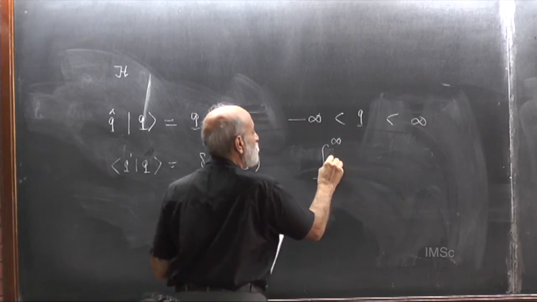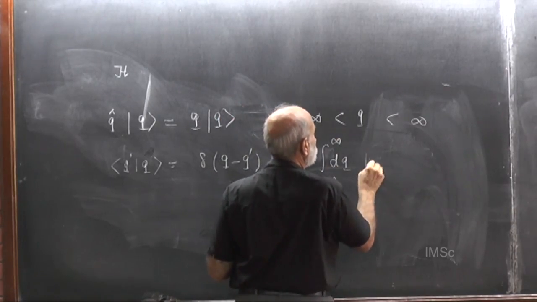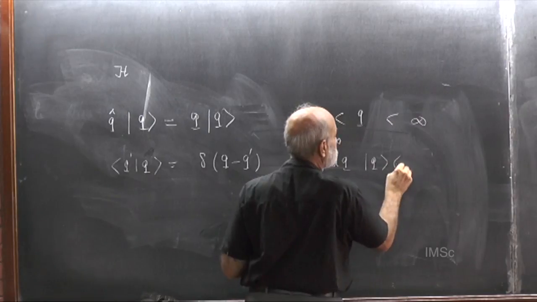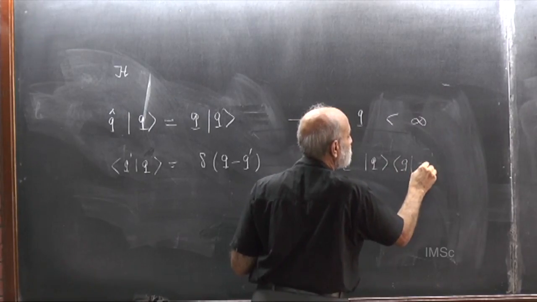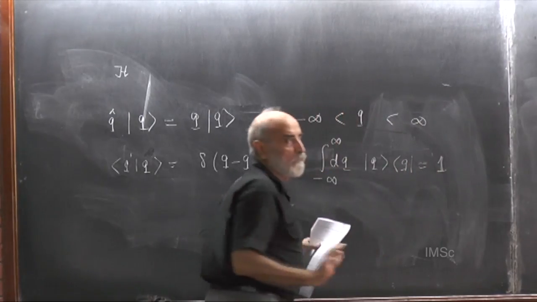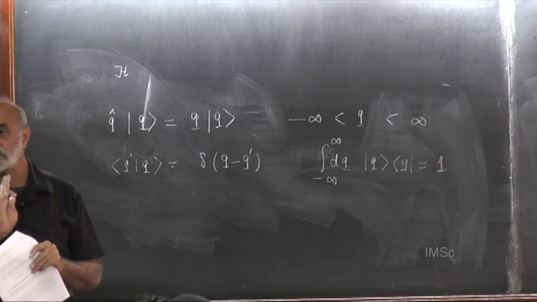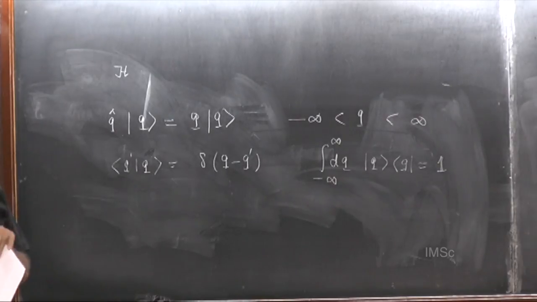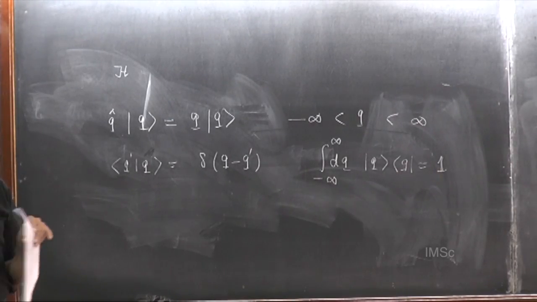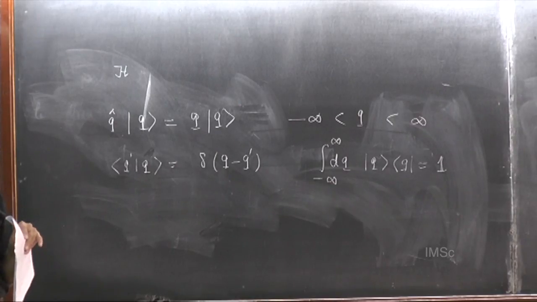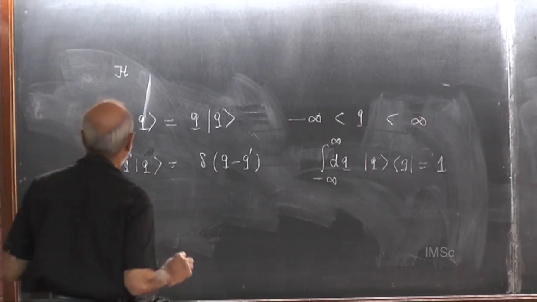These also give you a resolution of the identity. Whatever I have written down, is there anyone who is not familiar with this notation? I assume that everyone knows this much quantum mechanics.